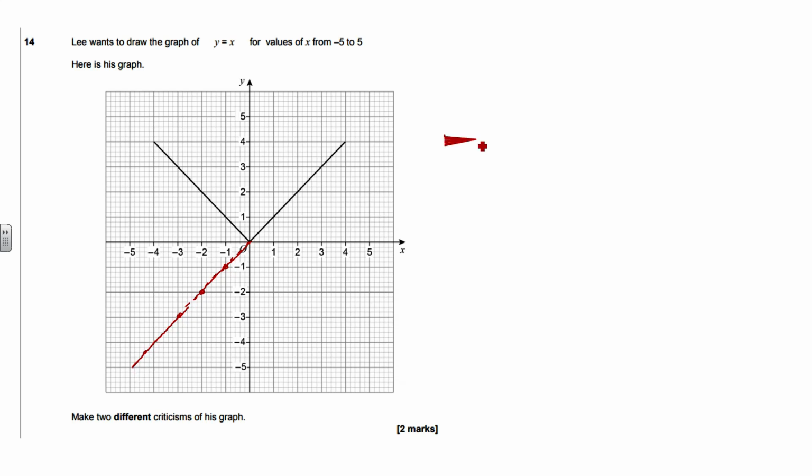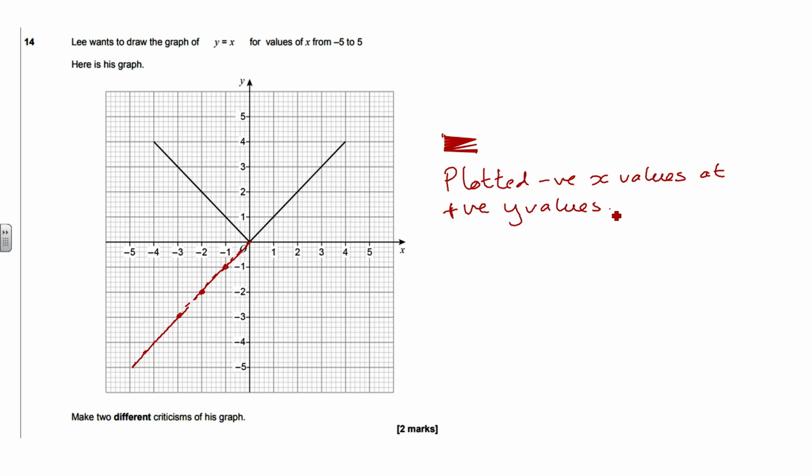So you could say, first of all, that with his plot, negative x values are at positive y values, or something like that. So that's incorrect. He's plotted the negative x values incorrectly. And secondly, and I'm looking at this now and I'm thinking, what on earth is wrong with it?